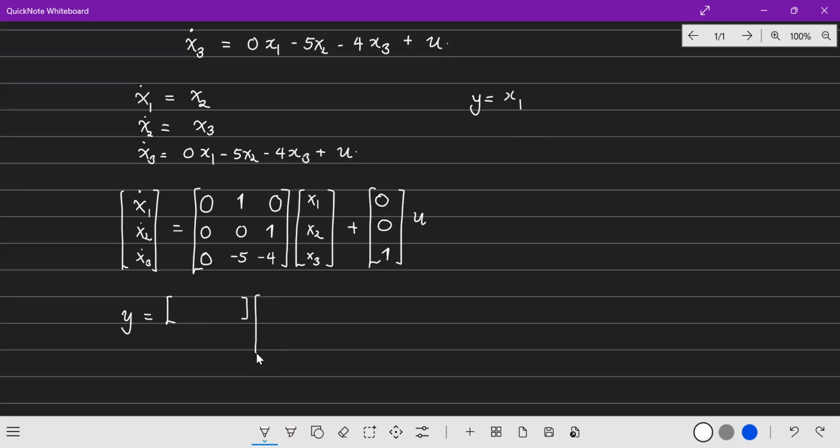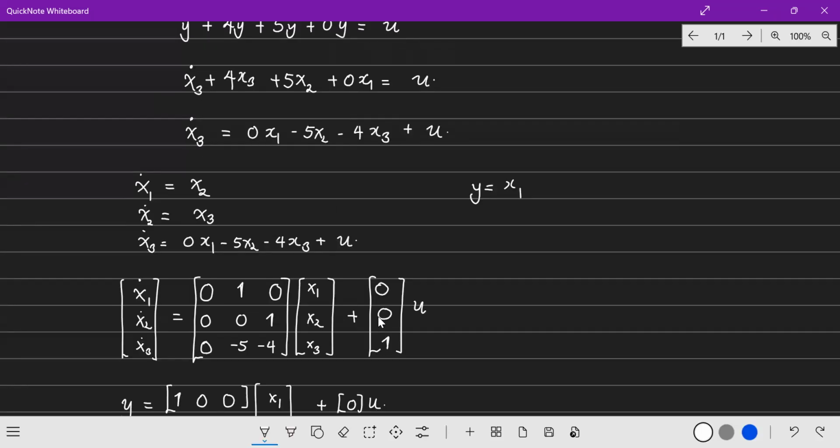So again, you write x1, x2, x3, and you see that the coefficient of x1 is just 1, meaning the rest are zeros. x2 is 0, similarly x3 is 0. And there's no d, so d is equal to 0 here. You can just write 0 times u. So this is the state space representation for our problem.